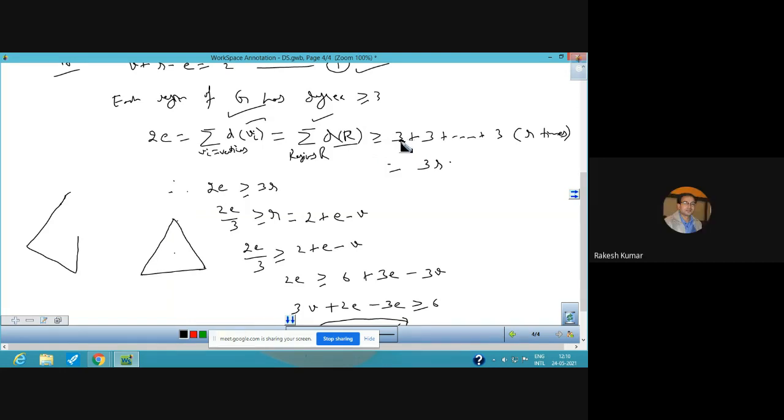Why? Because three vertices or more create a region. Three vertices create a region at minimum, four can also create one, like this is also a region. Now four vertices have been used. Now I am talking about the inner region, remember, not the outer. So five vertices can also generate a region. So at minimum exactly three vertices must be required, and these three vertices will create a region. So three can generate it, four can generate it, five can also, and so on. That is why greater than or equal to 3 has been taken.